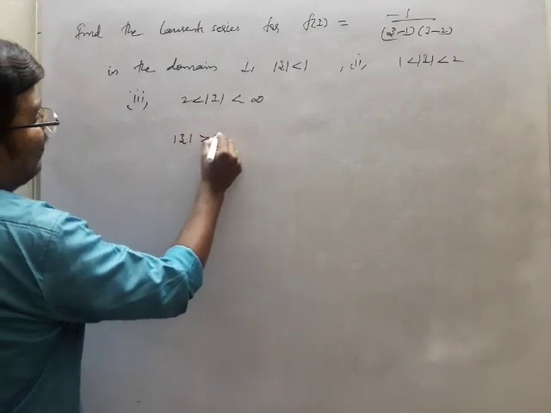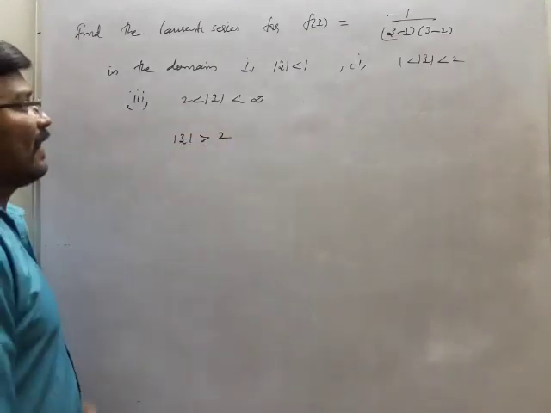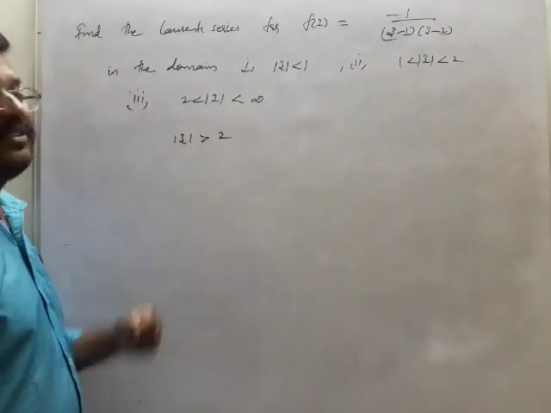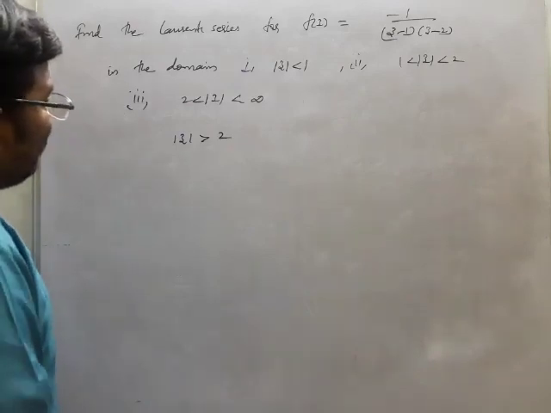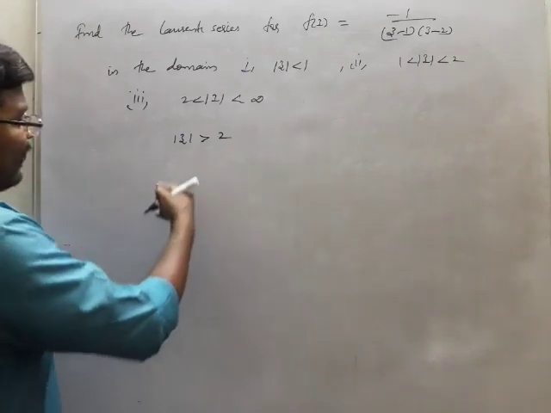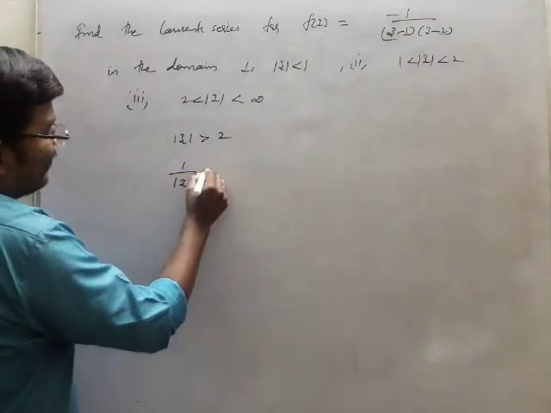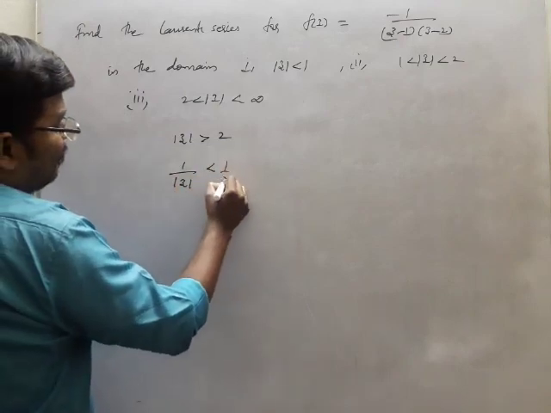Mod z is greater than 2. Our aim is to get something less than 1. So if I reverse it, 1 by mod z is less than 1 by 2.